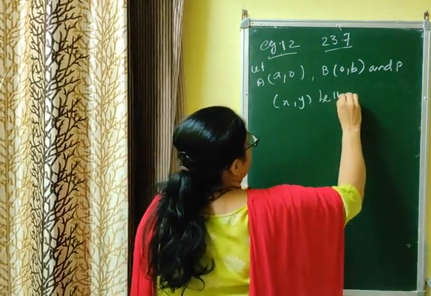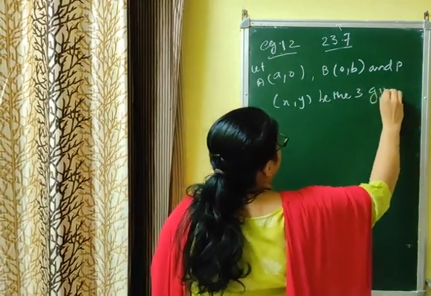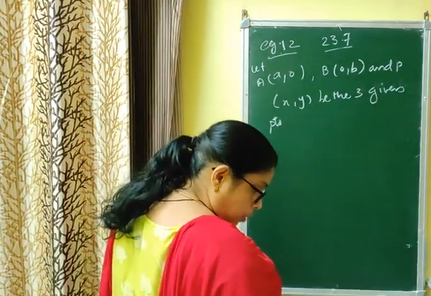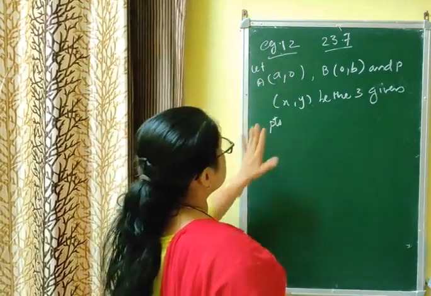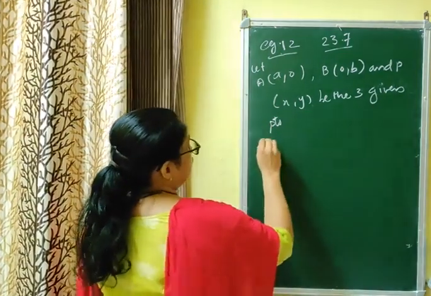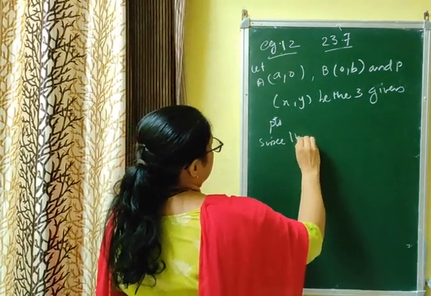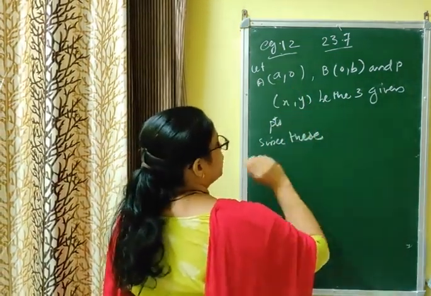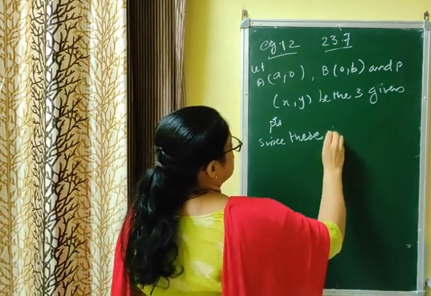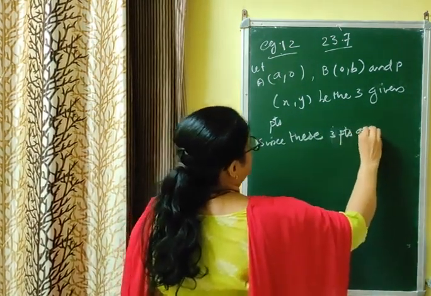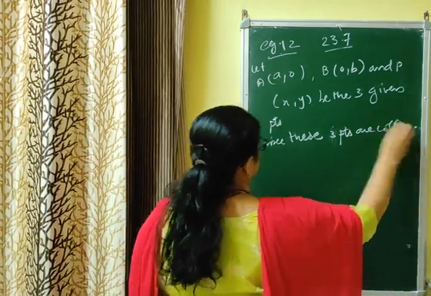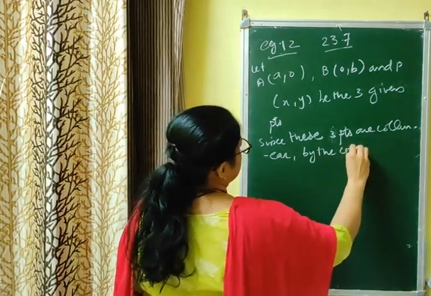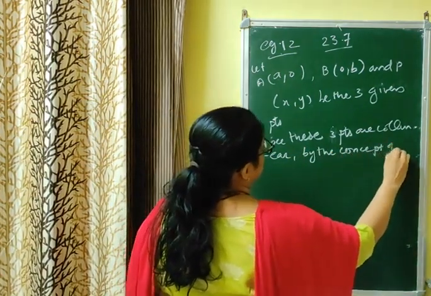Now, since these points are collinear, what is the condition satisfied by their slopes? Slopes will be equal. Since these three points are collinear, by the concept of slope. No need of writing this, but for your understanding, I am writing: by the concept of slope.